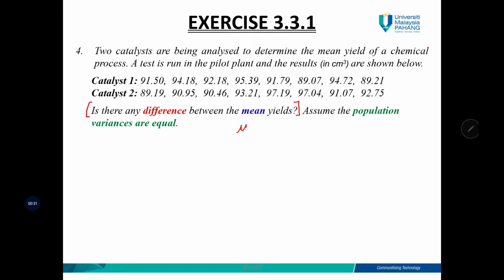There are two catalysts here, catalyst 1 and catalyst 2, and the keyword here is difference. Difference means that this is not equal, and since we have mu1 and mu2, we need to be careful because this is under the difference between two means.